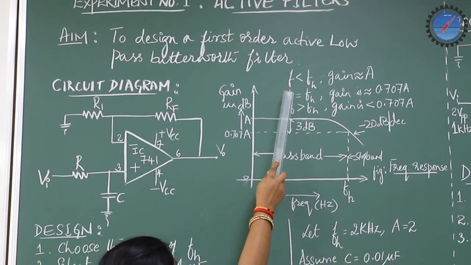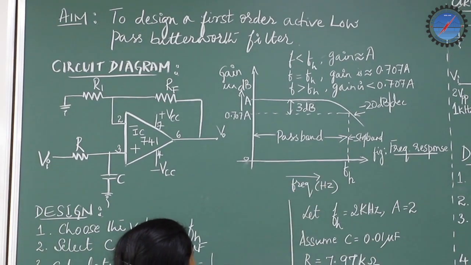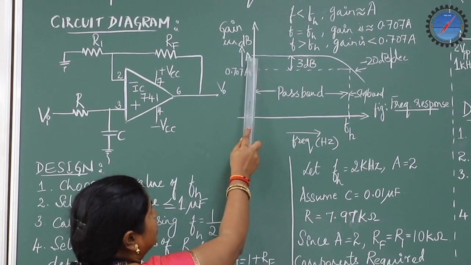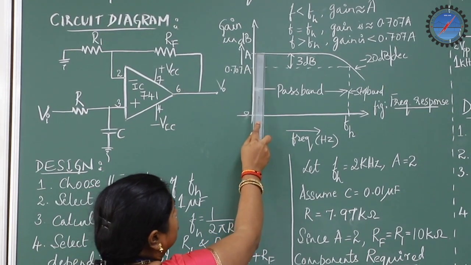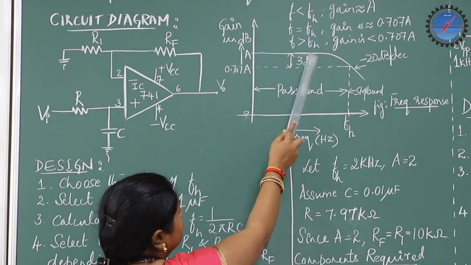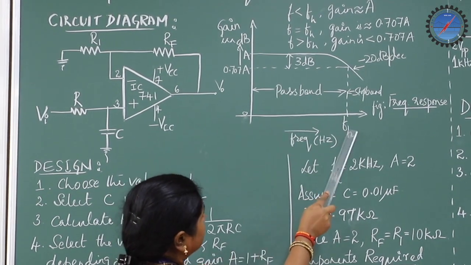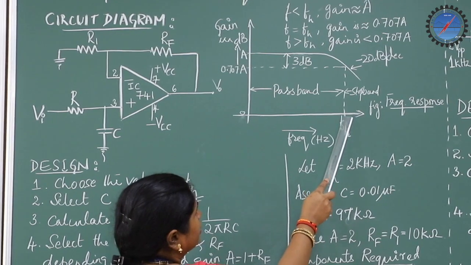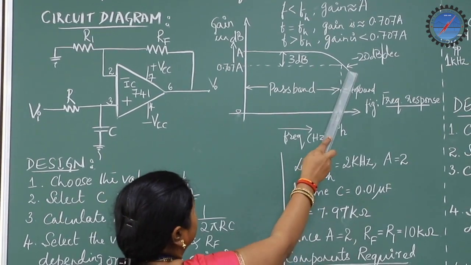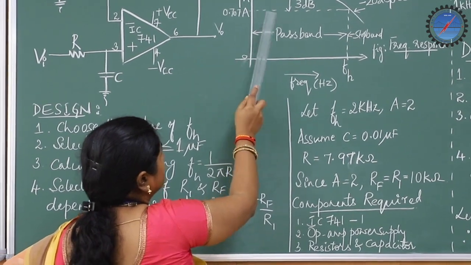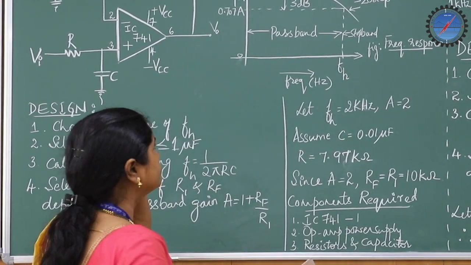When the input signal frequency is less than the upper cutoff frequency, the gain is approximately equal to A, so gain is maximum. When the input signal frequency is equal to the cutoff frequency, the gain is approximately 0.707 times A.